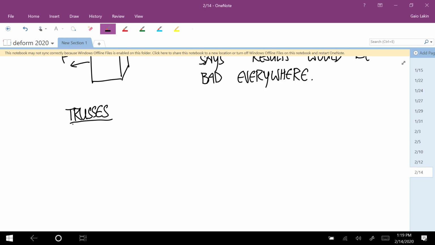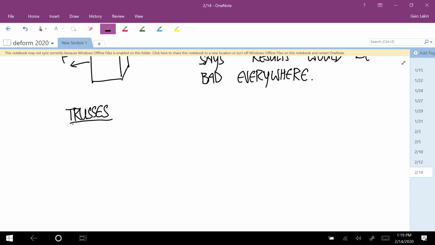So does anyone remember from statics what the definition of a truss is? There's really a pretty short, simple requirement for a structure that you can represent as a truss. Yep, that's getting at it.